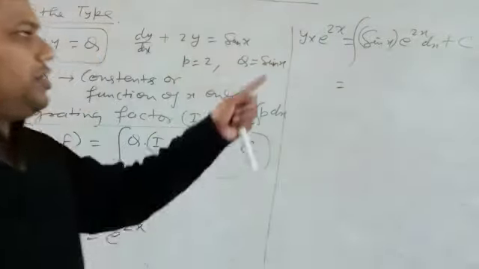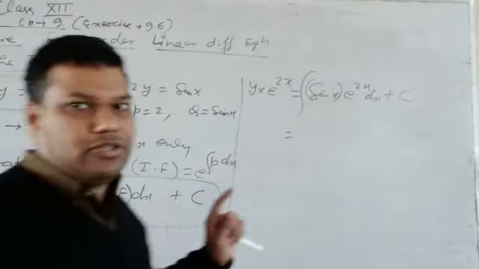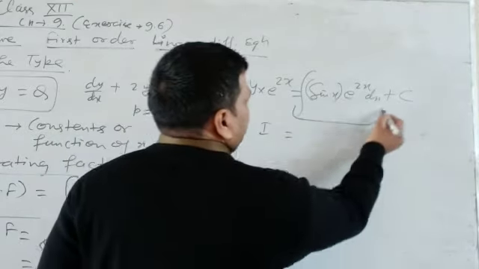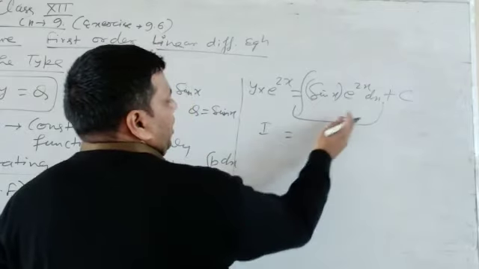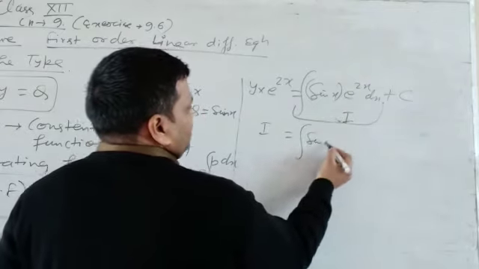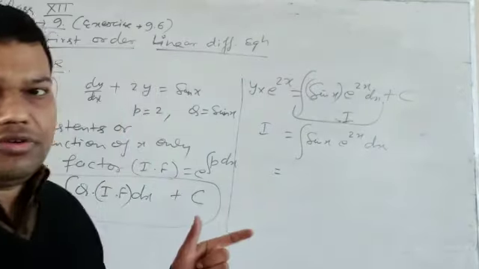Now we have to integrate that, so you should take this as I. So I is the integration of sin x times e to the power 2x dx. Now I am going to integrate that.